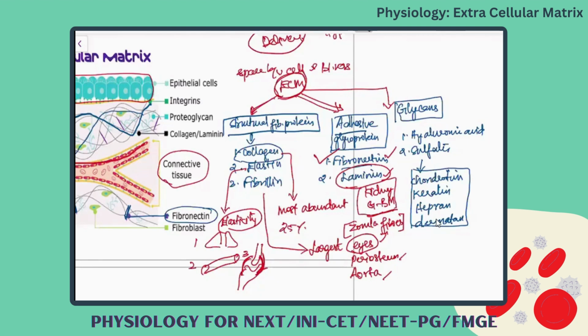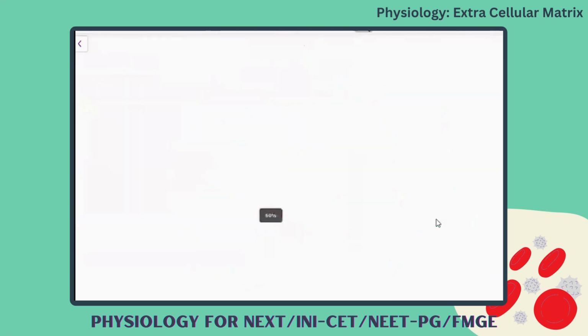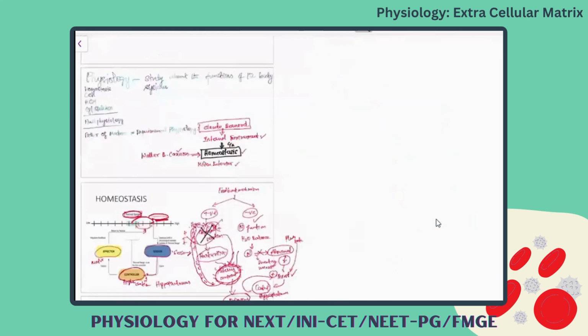Next, the glycans: hyaluronic acid and the sulfates, which include chondroitin, keratan, heparan and dermatan. You have already come across the glycans in osteology, so no need to go into detail on the extracellular matrix. Shall we see a case?